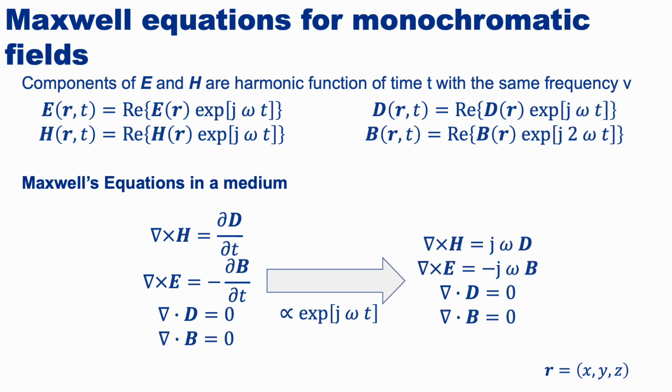But because our fields are monochromatic, meaning they follow a complex exponential with respect to time, the curl of the electric and the magnetic field can be simplified. We can do those partial derivatives just by pulling out a factor j omega, because the system is monochromatic with respect to time.